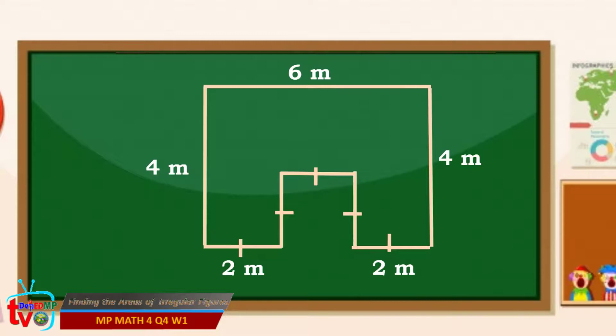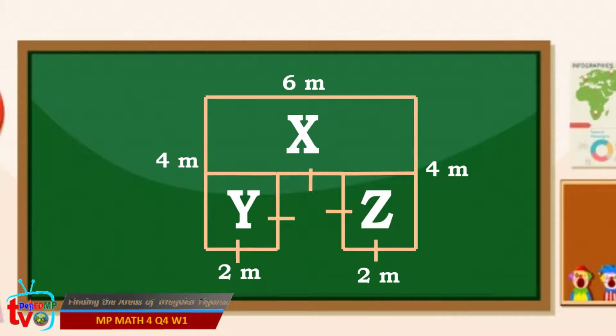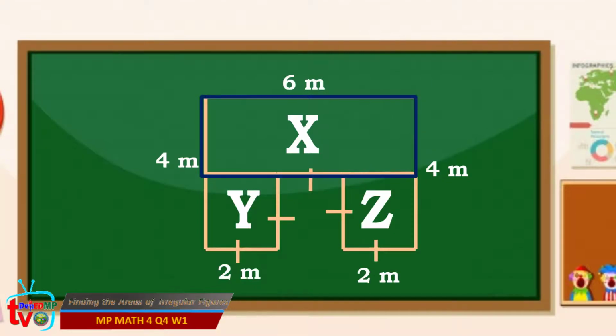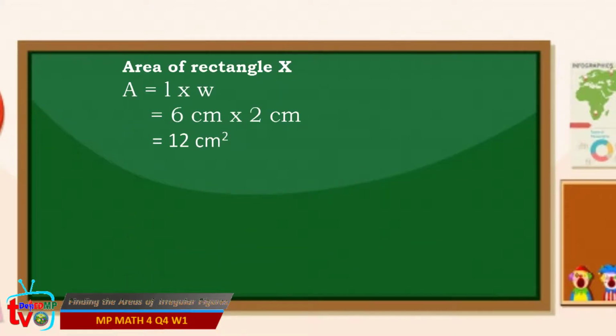Observe how we break this up into rectangles and or squares. The rectangle formed will be labeled as X, and the two squares formed will be labeled as Y and Z. The same procedure, we are going to find the area of rectangle X, square Y, and square Z. Area of rectangle X is equal to 12 centimeters square.